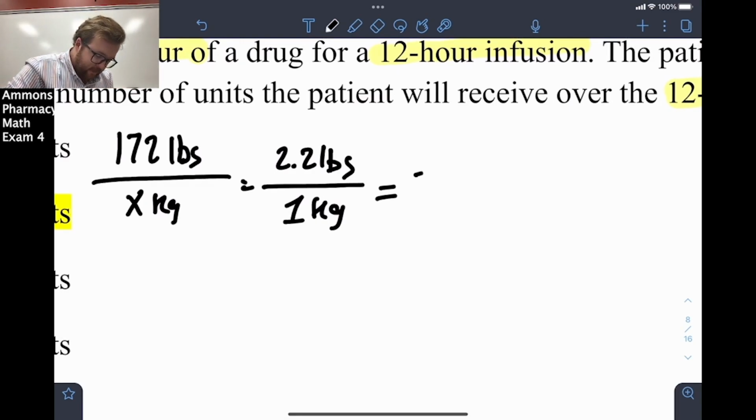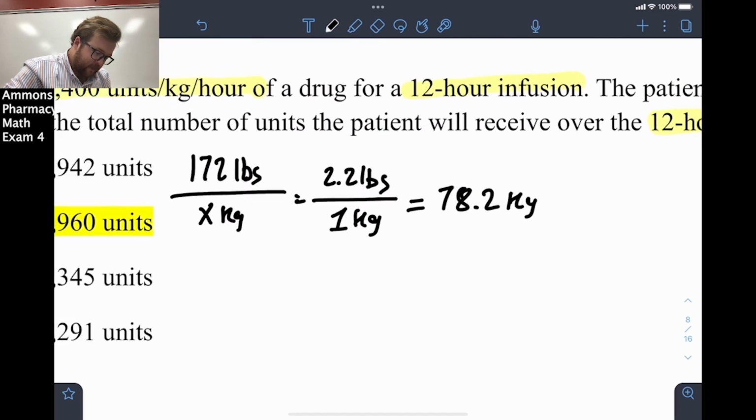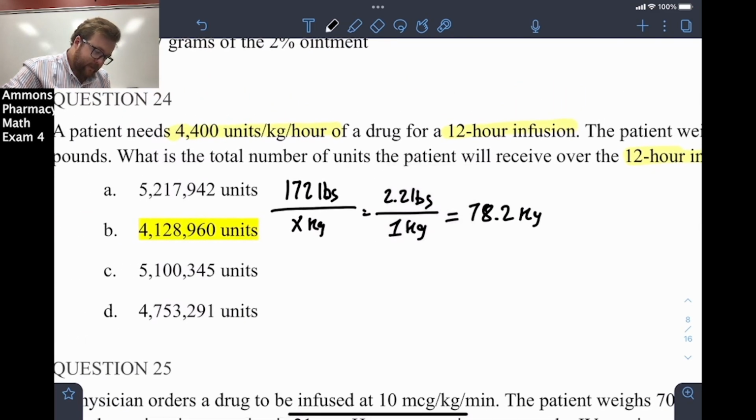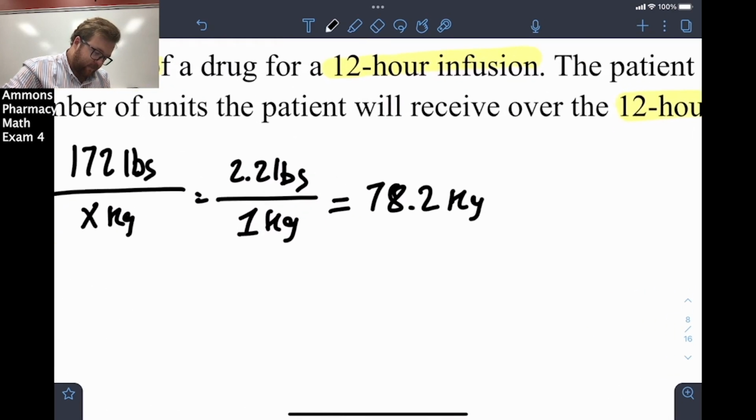So that's 78.2 kilos. How many units does he get per kilo? It's 4,400.